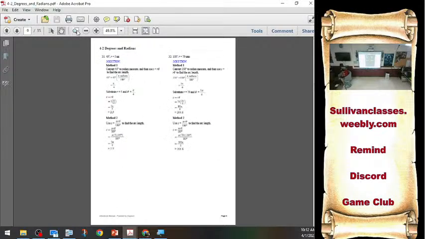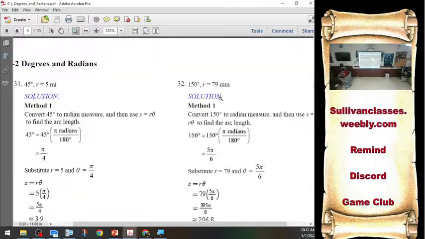$32. Oh, radians times radius. You actually have your choice. Remember, if you want to do radians times radius, first you're going to have to do 150 times pi over 180. Divide both by 30. 5 pi over 6.